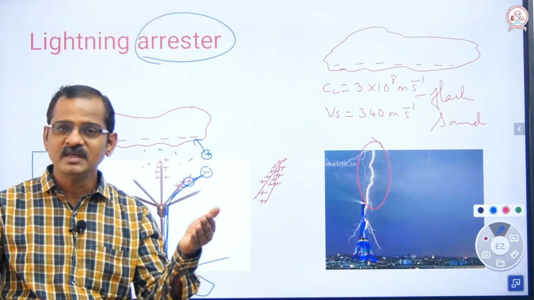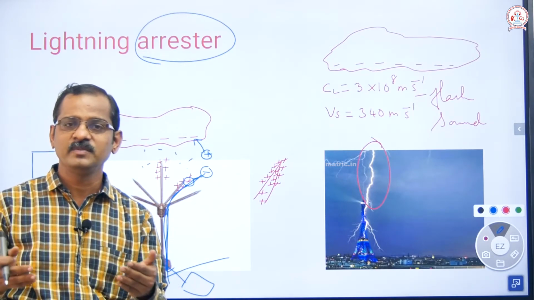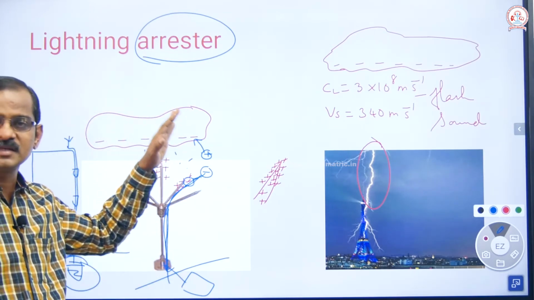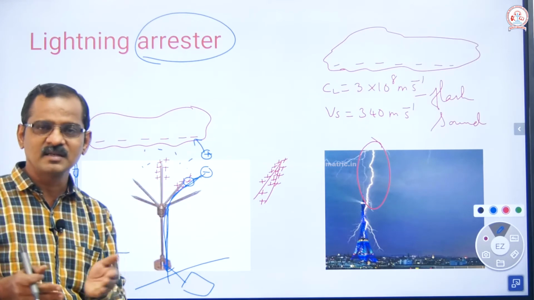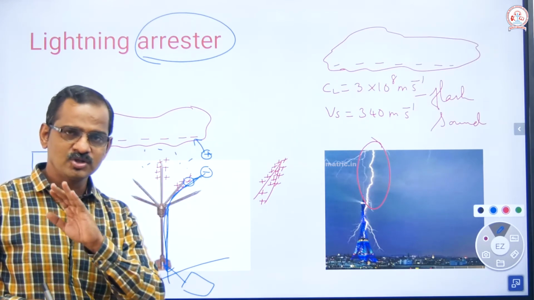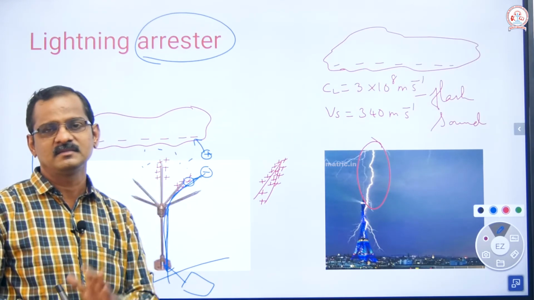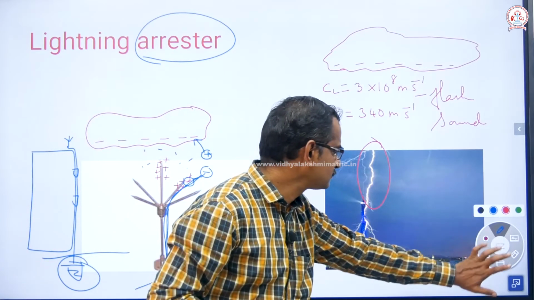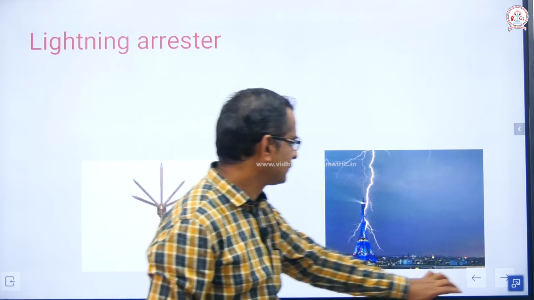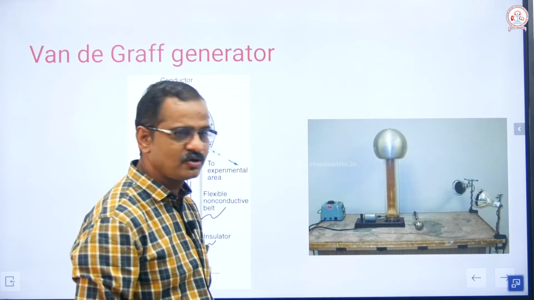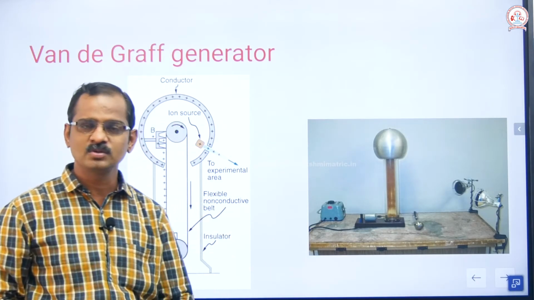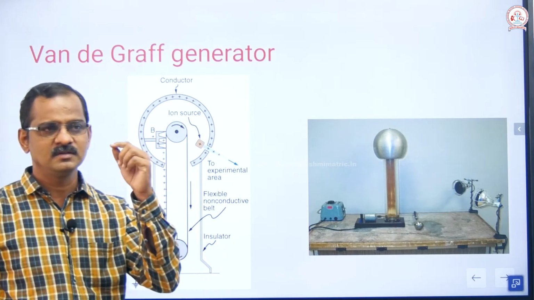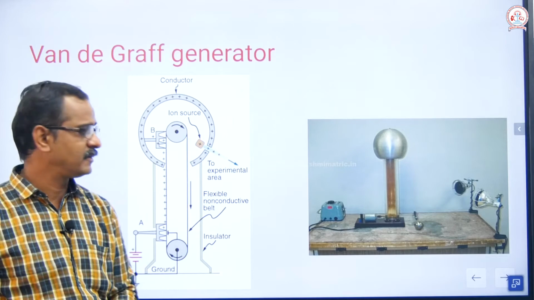It is better to be inside a building. Generally, lightning strikes the tall building, and we can be inside the building; that is safe. We should not stand under a tree. That's very, very important. Trees conduct to earth, isn't it? The lightning will reach the tree quickly.